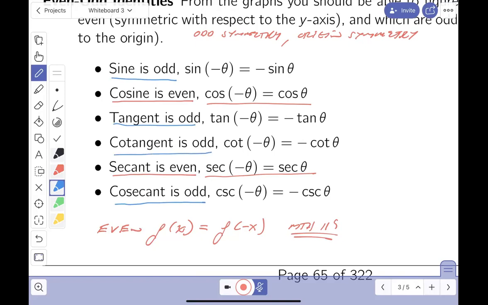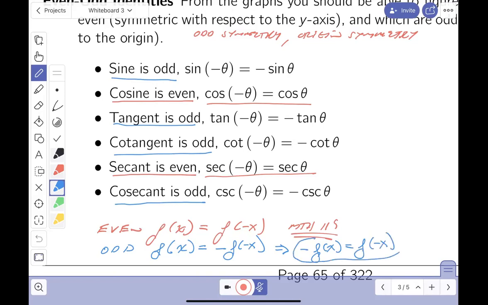All right, let's write down what odd looks like. And these are the tests that you were given in Math 119. f of x equals minus f of minus x. This could also be written as minus f of x equals f of minus x. We're going to use this one here.